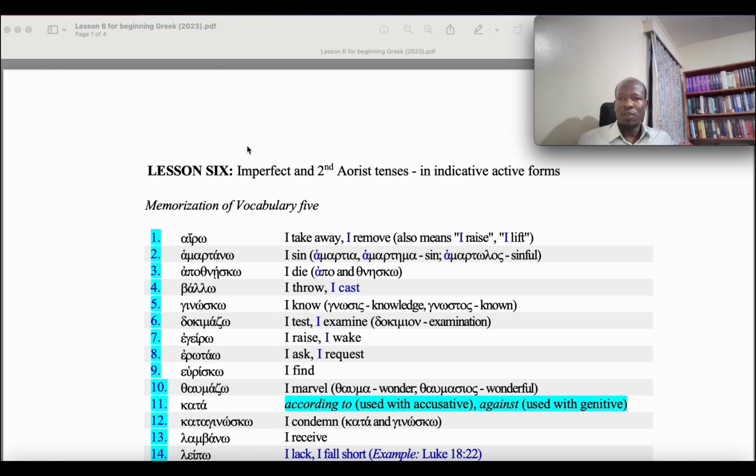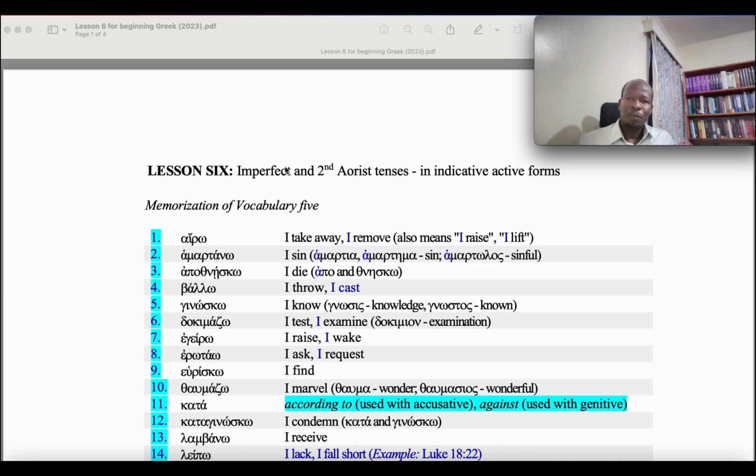Don't forget about the rules of the contracting verbs, and don't forget about the rules about the sigma, the sigma that keeps changing when it's combined with certain vowels and consonants, and also don't forget about the augments and the lengthening, and all that has to do with the changes in the form.